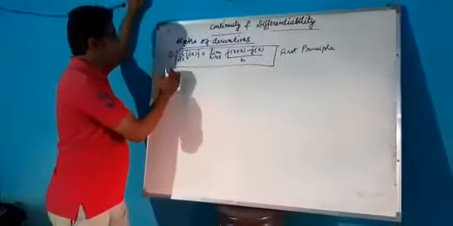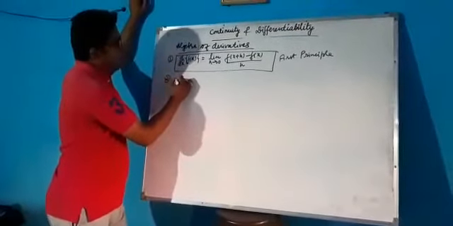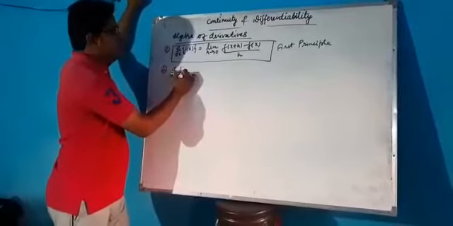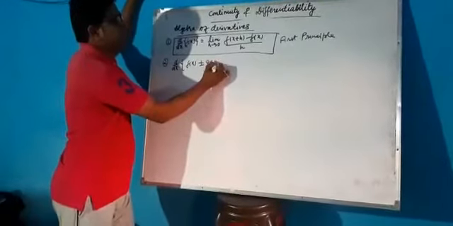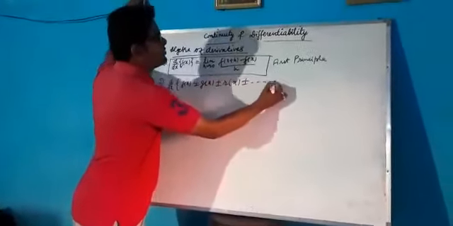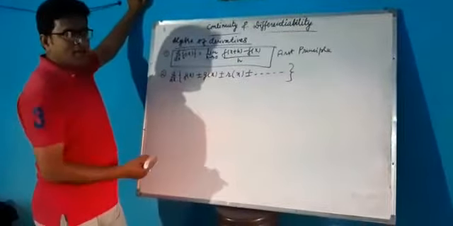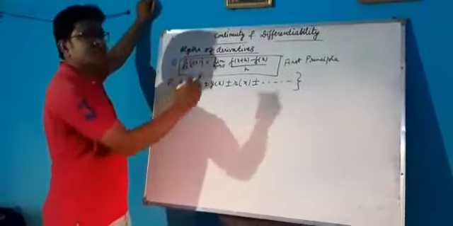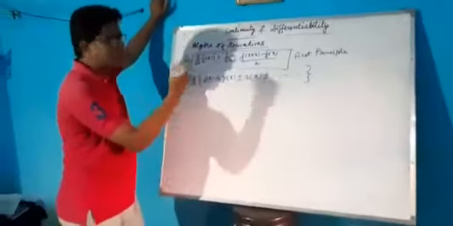Now, the second rule: whenever we are differentiating a function, if we are having so many functions f of x plus minus g of x plus minus r of x and so many more, if they are in addition or subtraction, then we can differentiate them one by one.